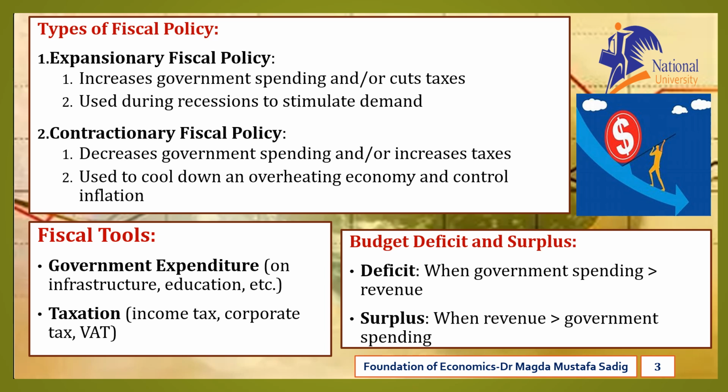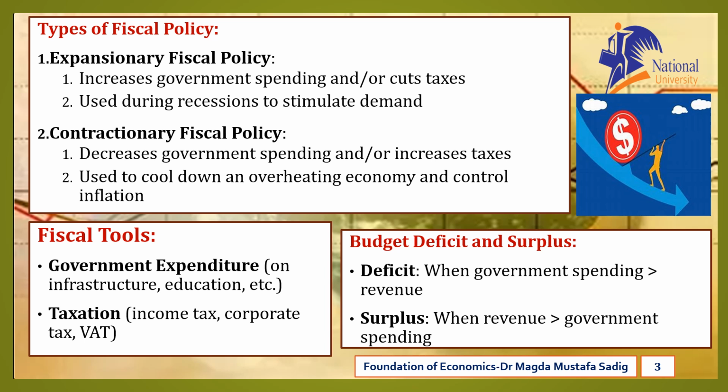So now let us talk about the government's budget balance. We have budget deficit and budget surplus. The budget deficit happens when government spending is greater than its revenue. Often it occurs during recessions when the government spends more to stimulate the economy.